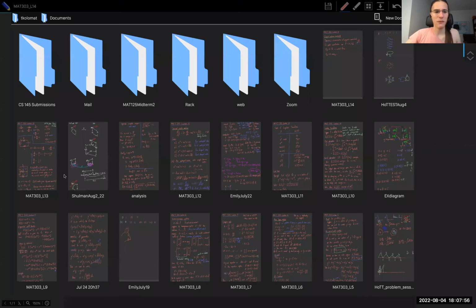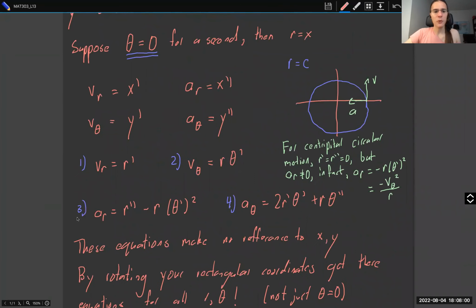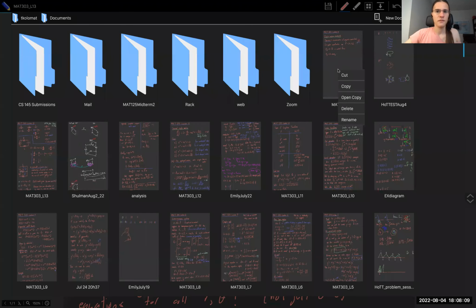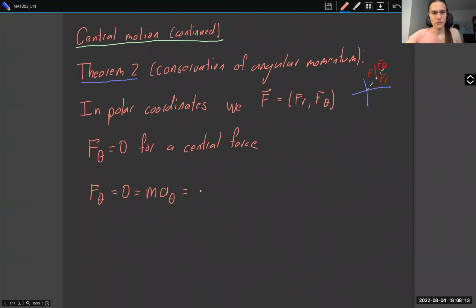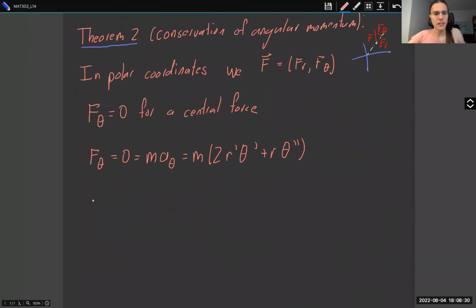We look back to the really non-trivial results from the last lecture, where we found that theta acceleration is 2r' theta' plus r theta''. So we can divide by m, but also multiply by r, and we get 2r r' theta' plus r squared theta'' is equal to 0.